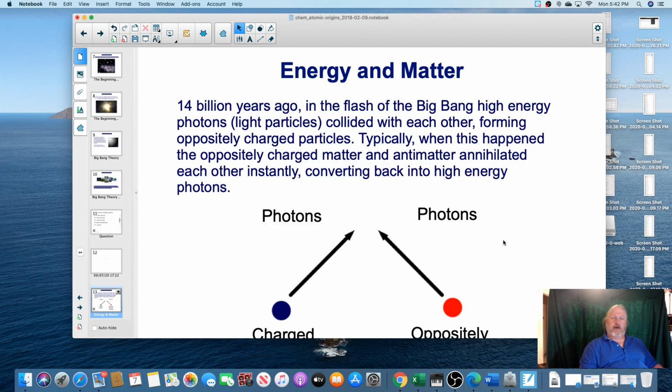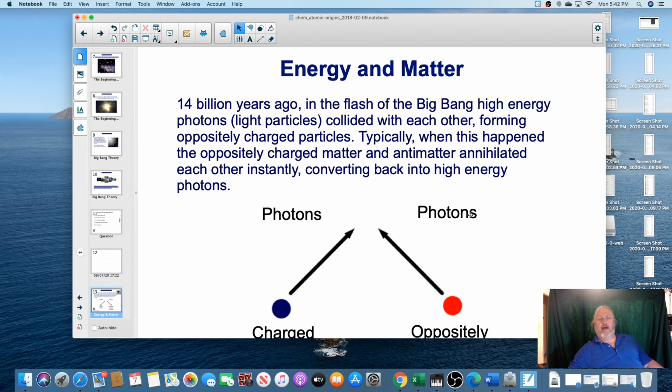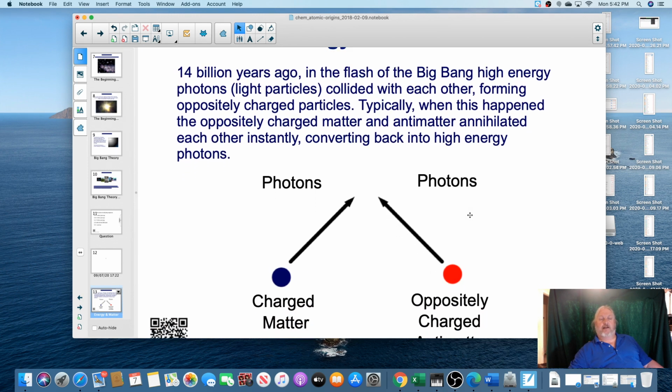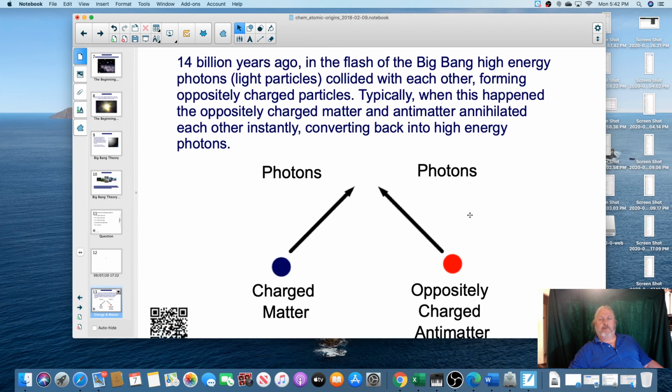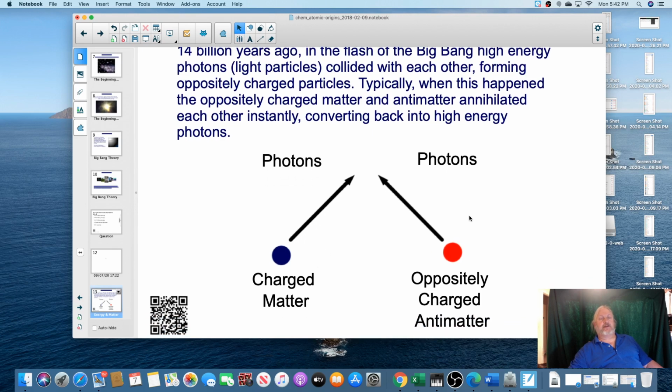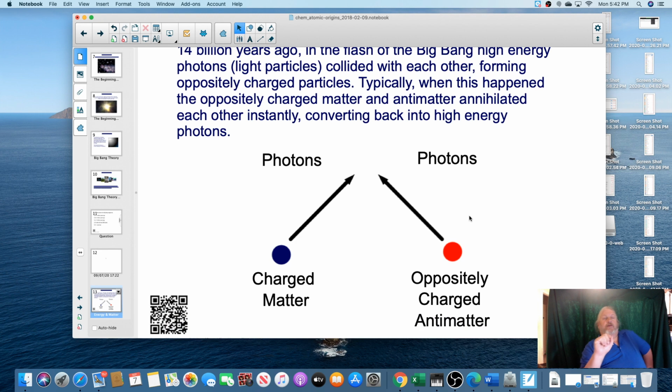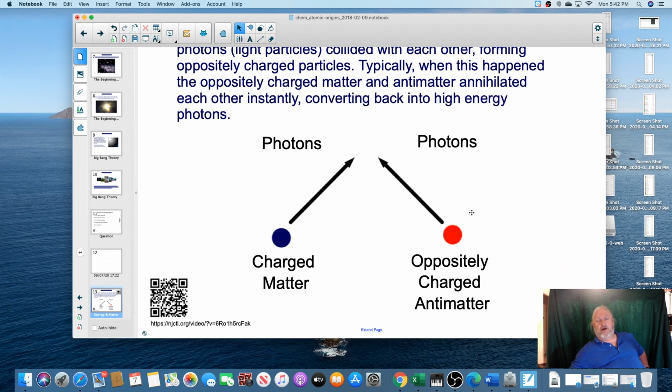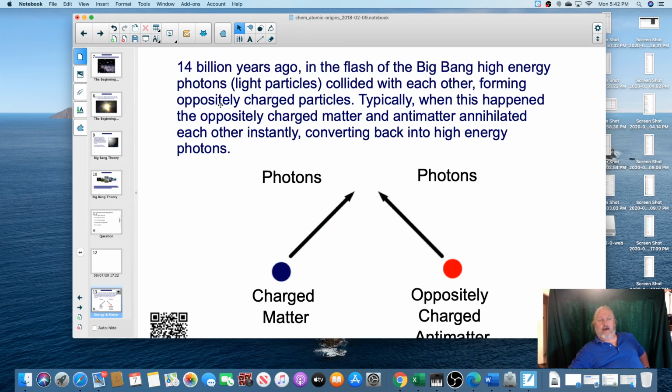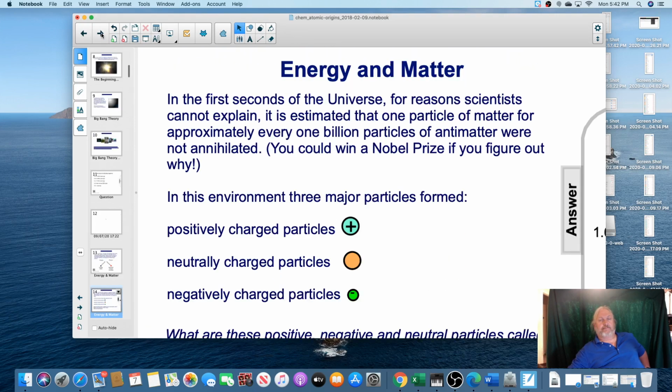Okay. So, 14 billion years ago, in the flash of the Big Bang, high-energy photons, light particles, collided with each other, forming oppositely charged particles. When this happened, the oppositely charged matter and antimatter annihilated each other, converting back into high-energy photons, or light. Okay? High-energy photons are light.